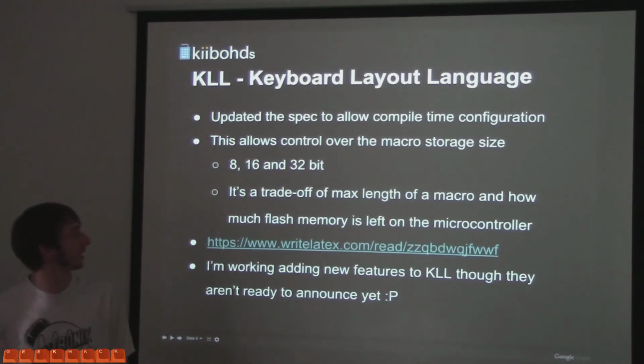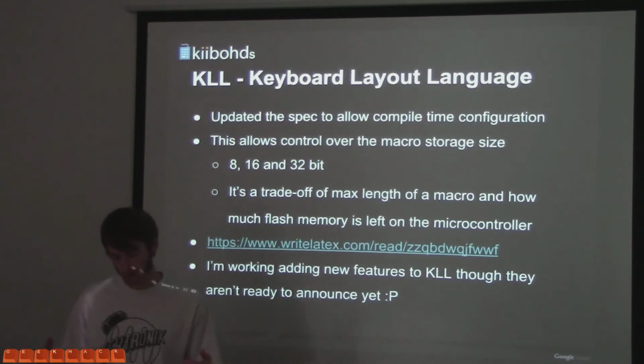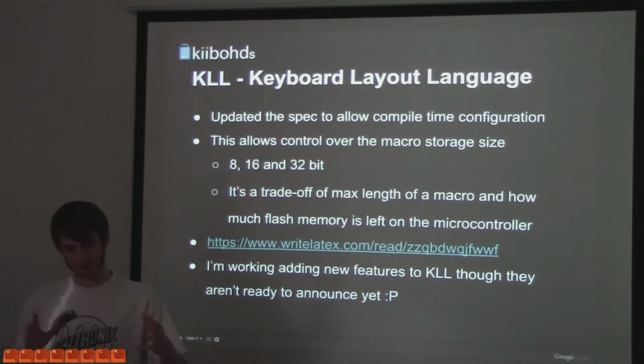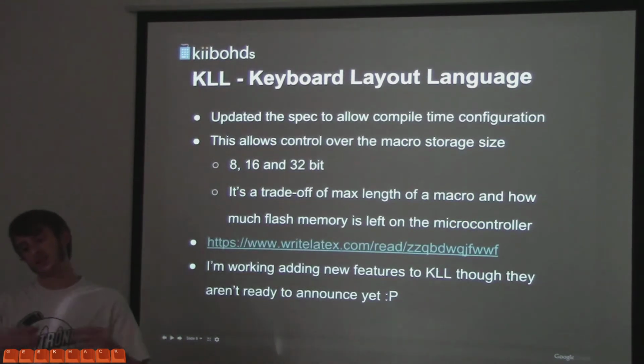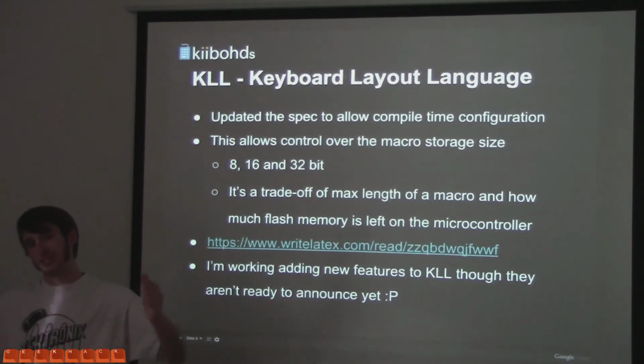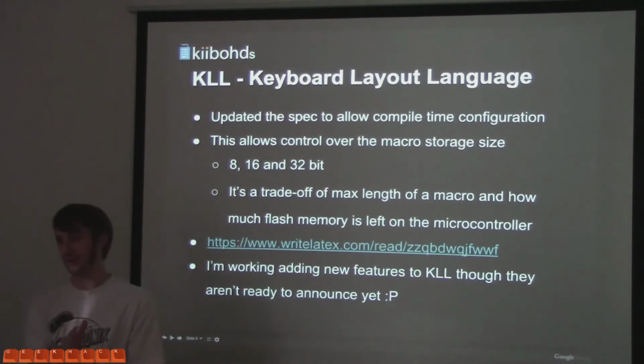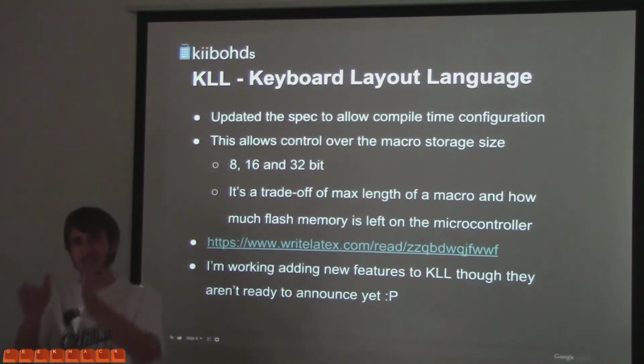So I've added a little bit of a compiler define. Right now, one of my issues with the Infinity Keyboard is that when you want to define an infinite length macro, that was sort of the goal, I have a 32-bit integer for this counter to proceed to each step.